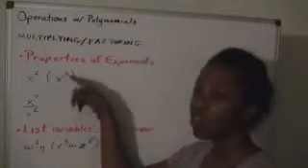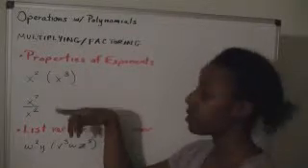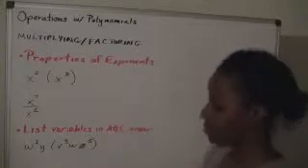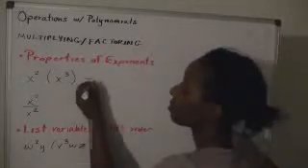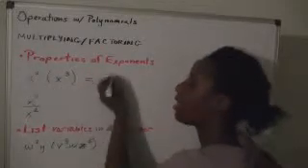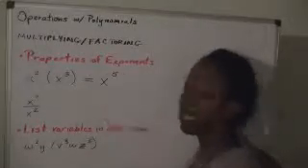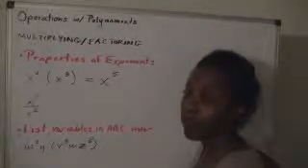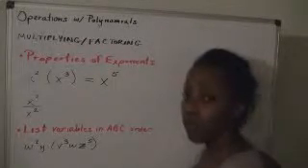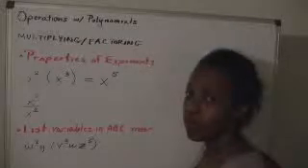What's going to happen is you actually add your exponents. So I'm trying to multiply x squared times x to the third power. I keep my letter, but I'm going to add my exponents and get x to the 5. So if it has the same letter and you're multiplying them, add the exponents.